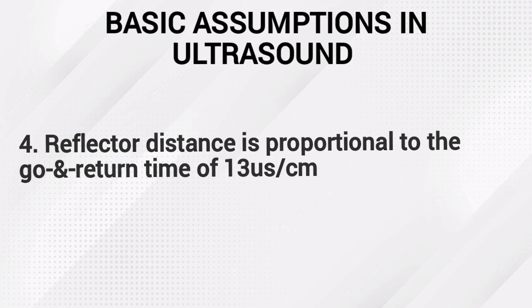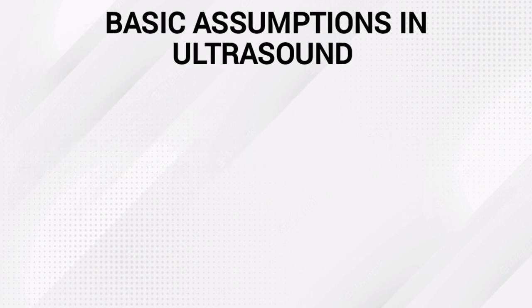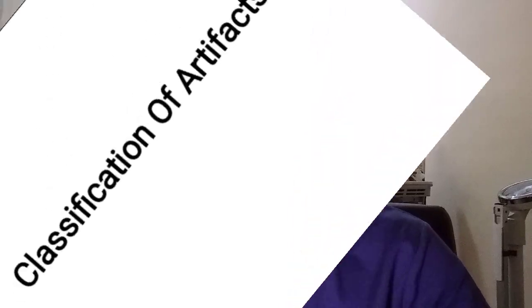Having understood that, all these assumptions are basically what the machine was created with, but they are not always true. So, let's classify artifacts. We are going to classify artifacts according to their effects on the display.